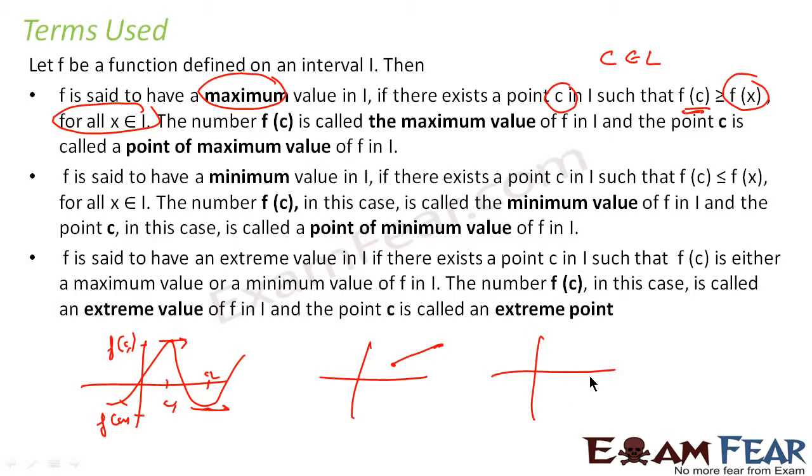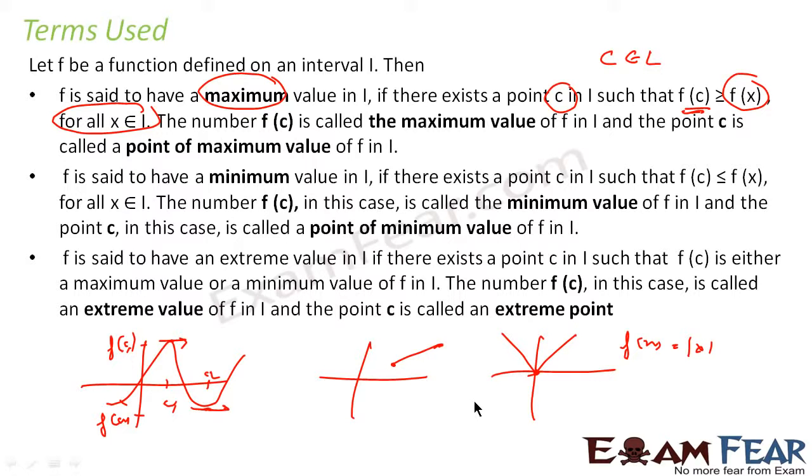Sometimes the graph is not differentiable, and then the graph is something like this. If you see this point, the graph is not differentiable. This is f(x) is equal to mod x. At this point it is not differentiable. Here also extreme points can lie.